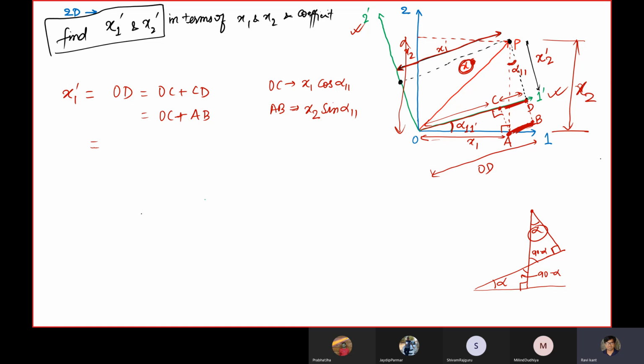Now, let's plug it in here. So I can write x1' is equal to x1 cos alpha 11 plus x2 sine alpha 11. Okay, now let's do one more thing.